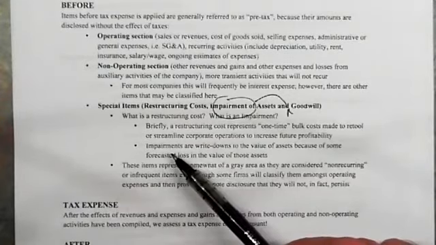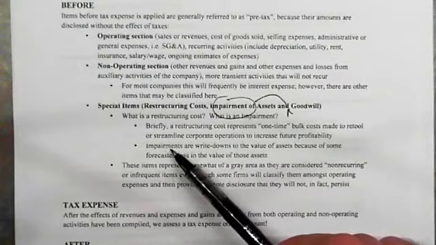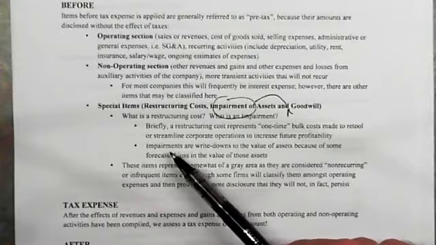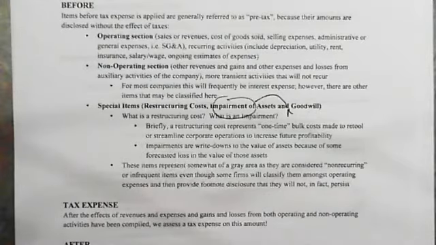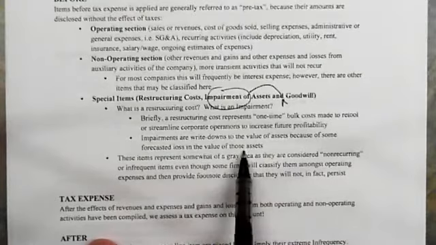Impairments, you'll talk a lot more about impairments, and we'll talk about them a little bit with discontinued operations, but you'll talk a lot about them when you focus on long-term assets and in Intermediate too. They are just write-downs to the value of assets because of some forecasted loss in the value of those assets.